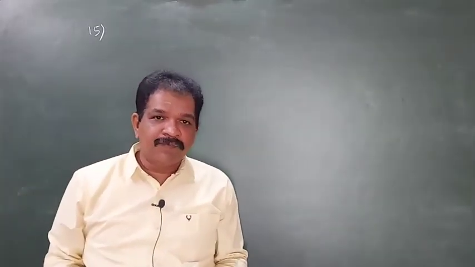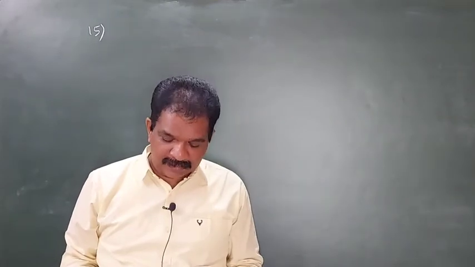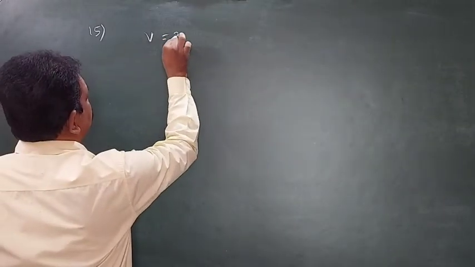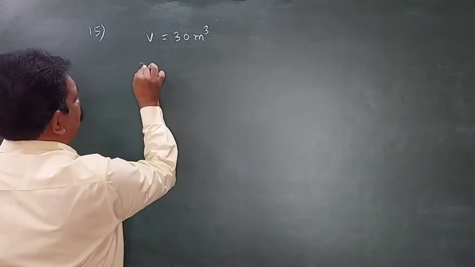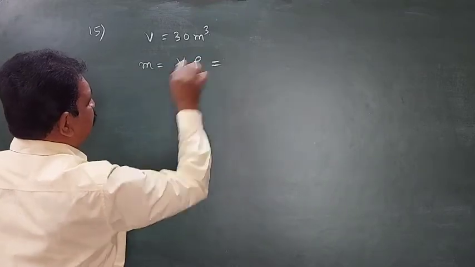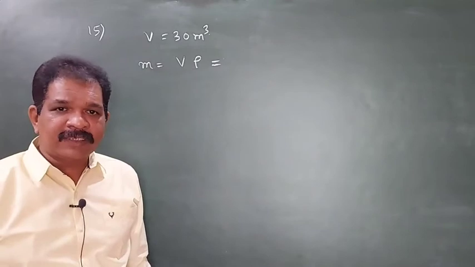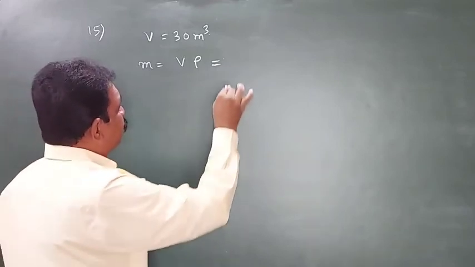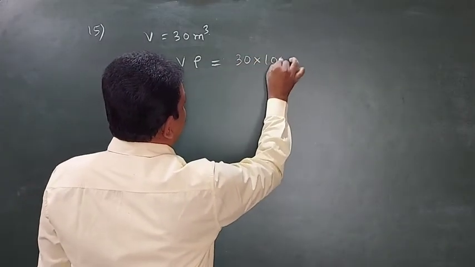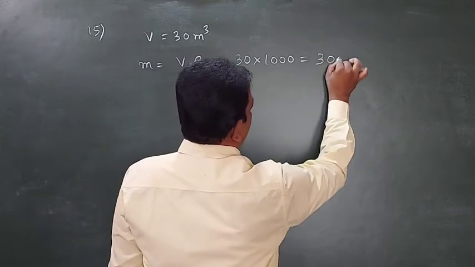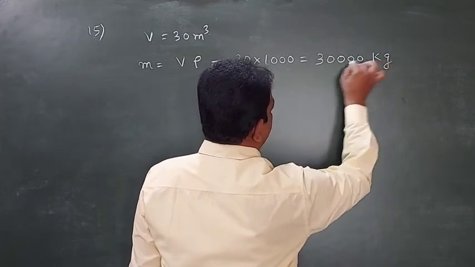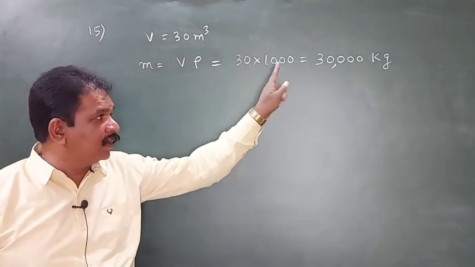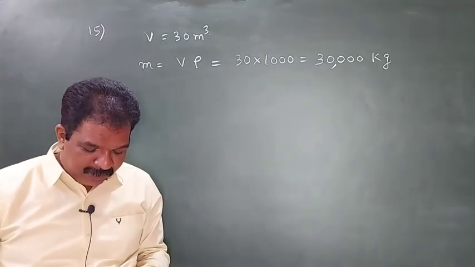With the help of a pump we are filling a tank. Tank volume is 30 meter cube. Mass is equal to volume into density. Density value will be 1000. So this is 30,000 kg, the mass of water we have to fill in the tank.